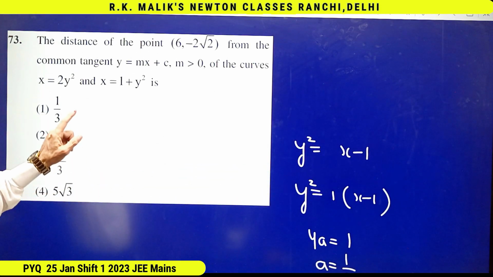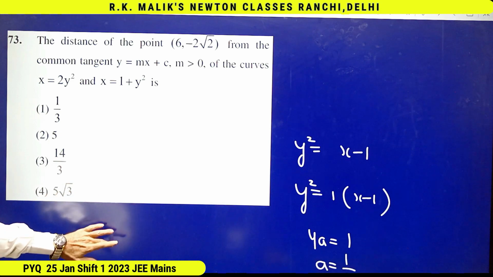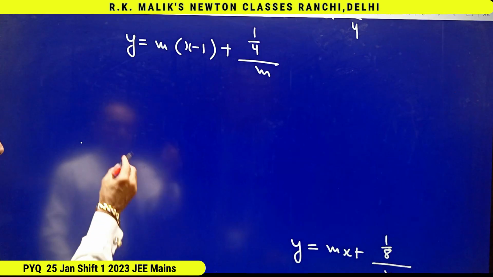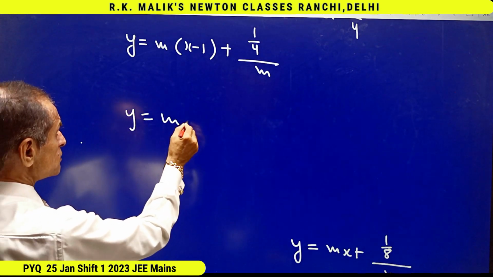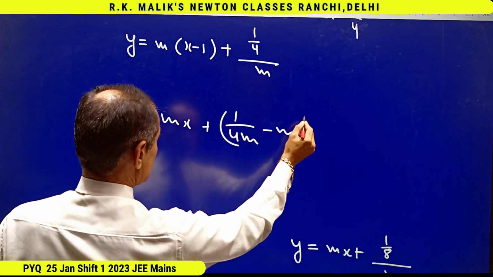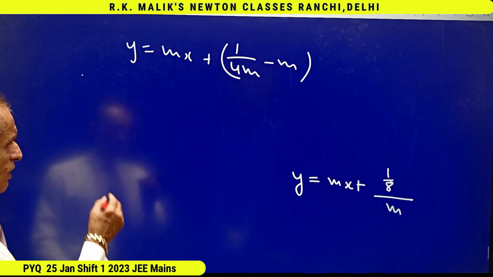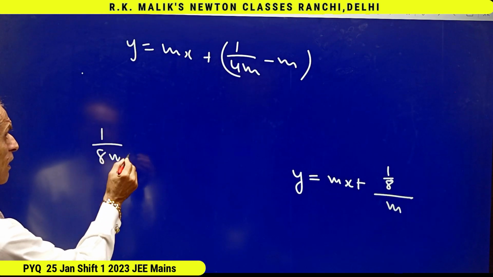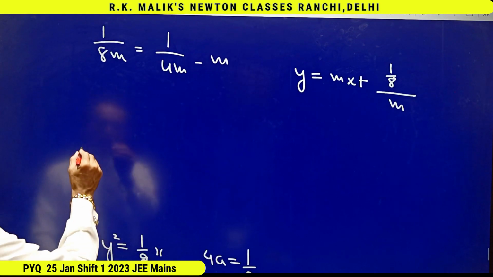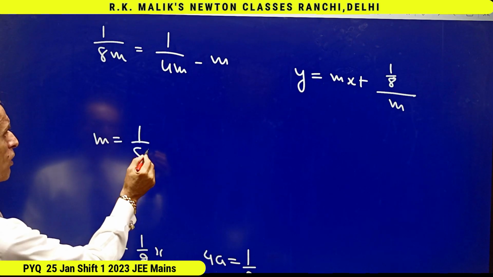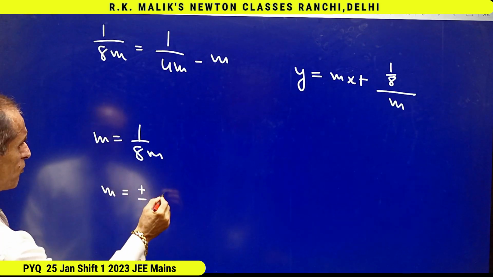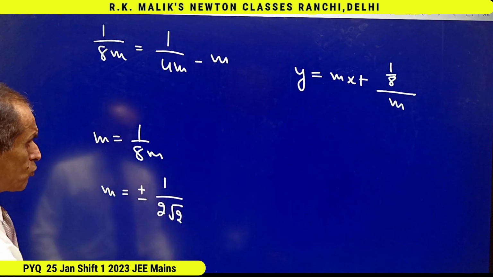And because I am dealing with the common tangent, I will find the value of m so that both these equations become same. This is y = mx + 1/(4m) - m, and these two equations will be same if 1/(8m) = 1/(4m) - m, that is m² = 1/8, that is m = ±1/(2√2).